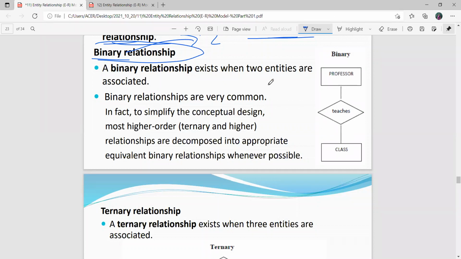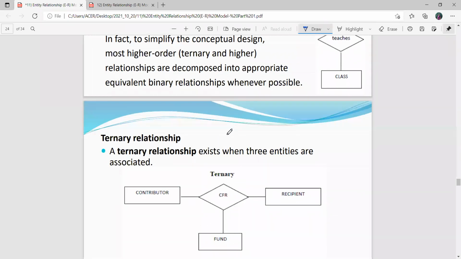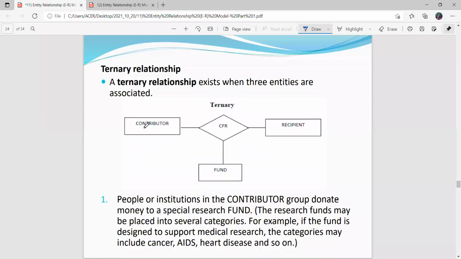as a binary relationship. Then there is another relationship, the ternary relationship. You can see there are three entities that get together to form a relationship. This is the contributor, and this contributor can be a person or an institute. This contributor is going to donate money for research.